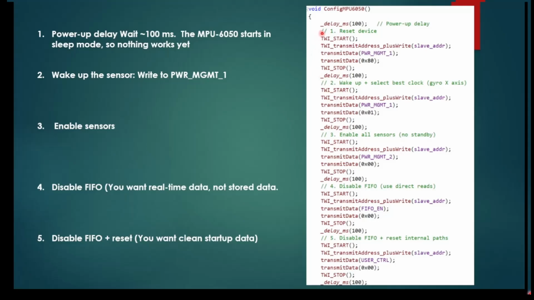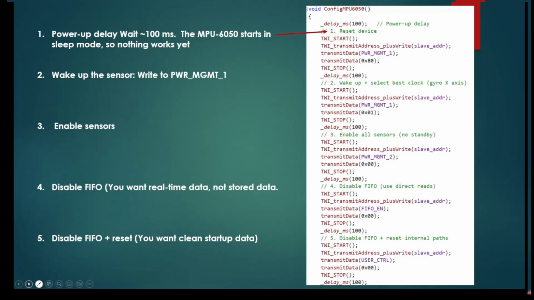Now I'm going to do the same thing for all the different functions. So let's see what we do. First we have the reset, which is basically sending to power management 1 the value of hex 80. And that all comes from the data sheet, of course.